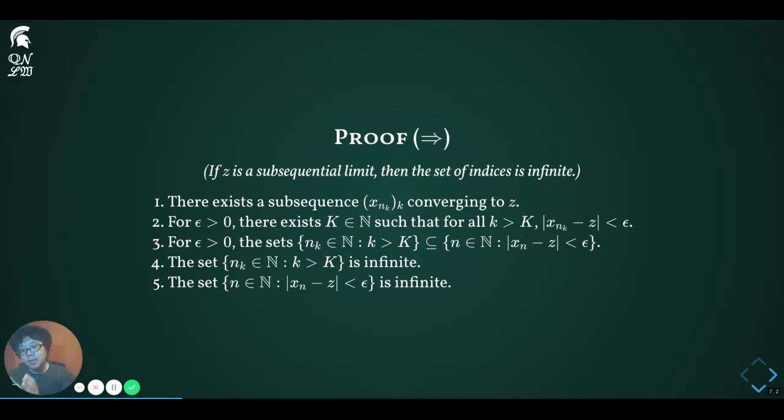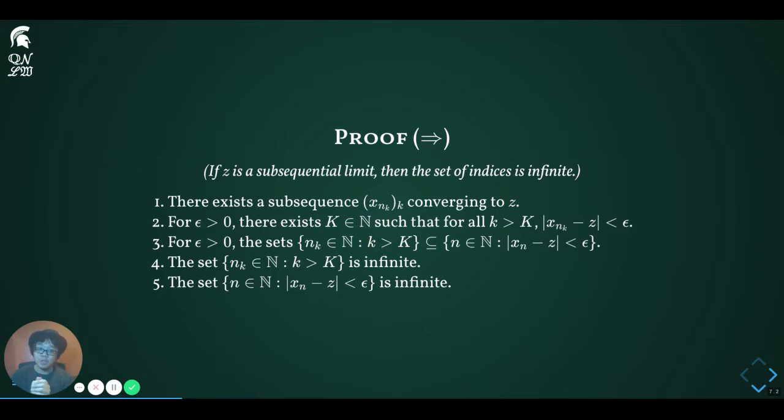For any epsilon positive, there is a capital K such that for any k greater than capital K, the term x sub n sub k is no more than epsilon from z. Now, the set of outputs of n sub k, corresponding to k greater than capital K, is a subset of the indices for which x sub n is no more than epsilon from z.